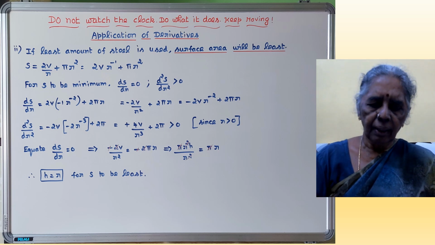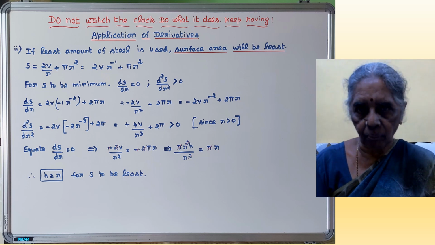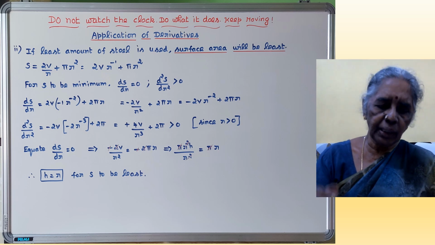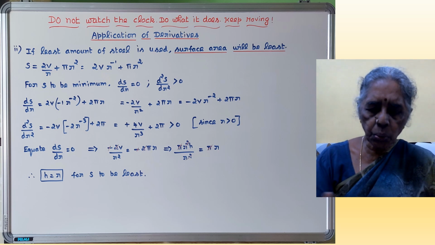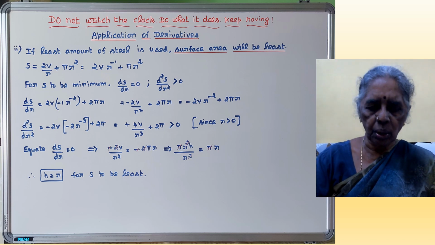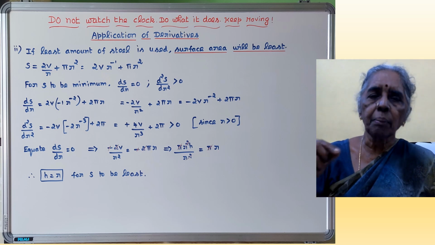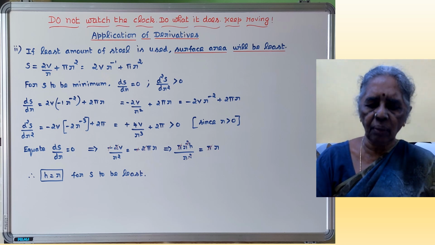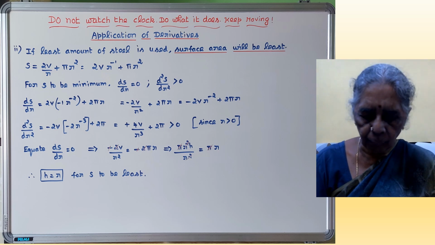Plus pi r squared, if you differentiate, that will be 2 pi r. Then the second derivative, d squared S by dr squared, will be minus 2V you take out, 1 by r squared is r power minus 2, so minus 2 r power minus 3. That is the differentiation. Plus 2 pi r, when you differentiate, you will get 2 pi.